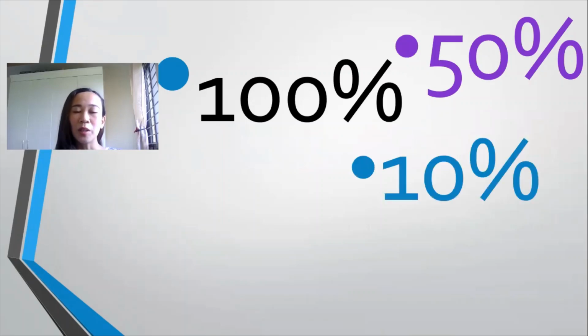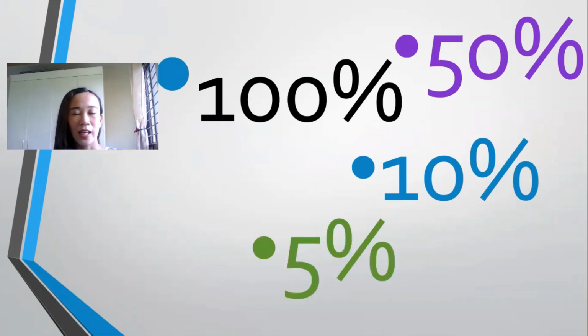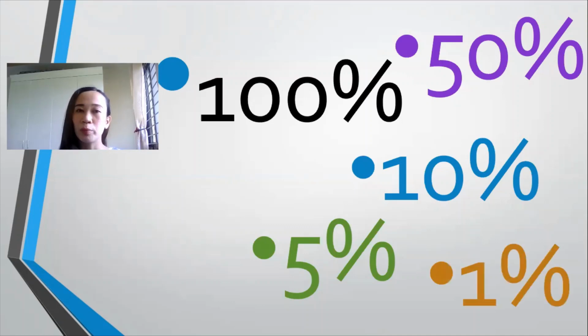How about the 10% of 100? That means it's 10. And how about 5% of 100? That means it's 5. And how about 1% of 100? It means it's 1.